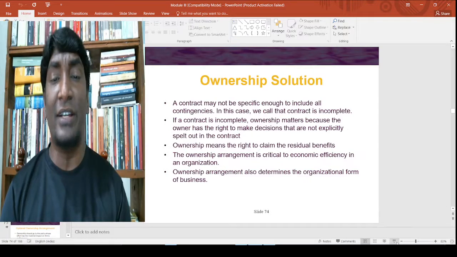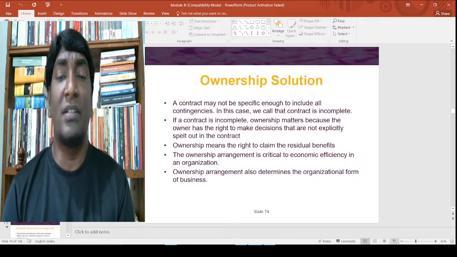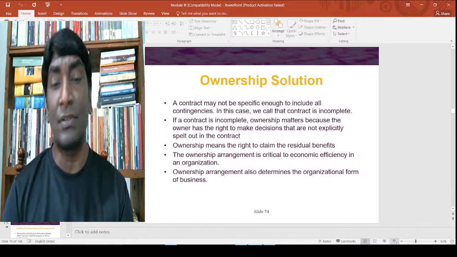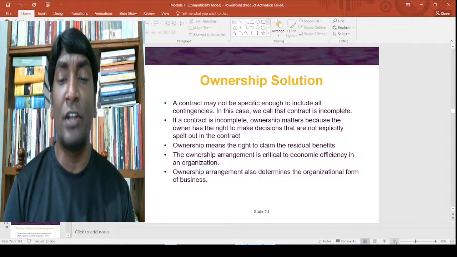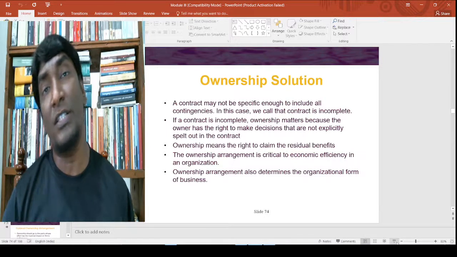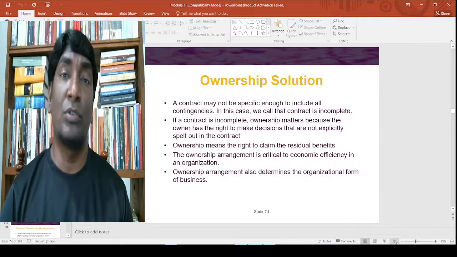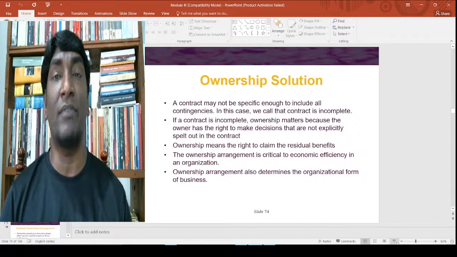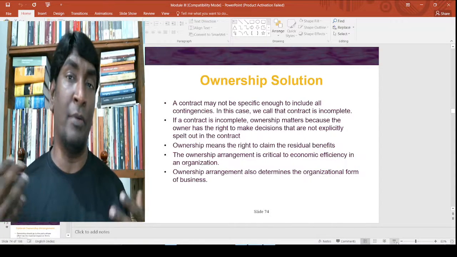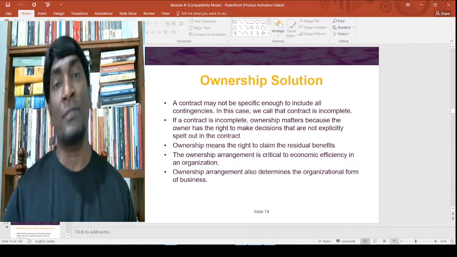So if a contract is incomplete, ownership matters, because the owner has the right to make decisions that are not explicitly spelled out in the contract. However, ownership means the right to claim the residual benefit. We have already seen how the managers are being the claimant of the residue. Now, in the management principal-agent problem, the manager has every possibility of exploiting this.